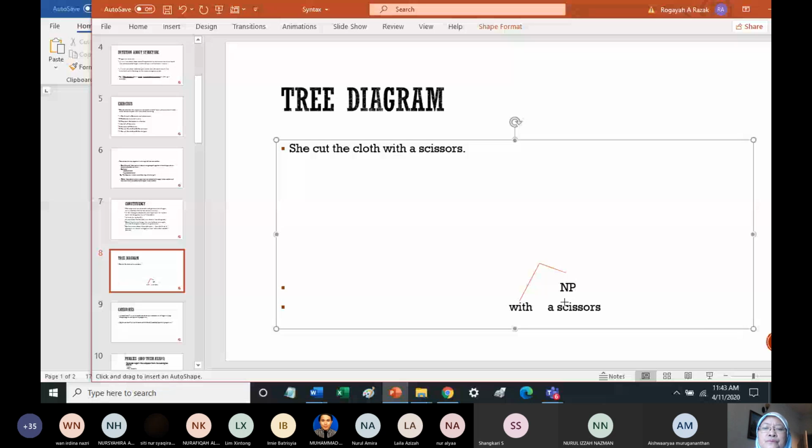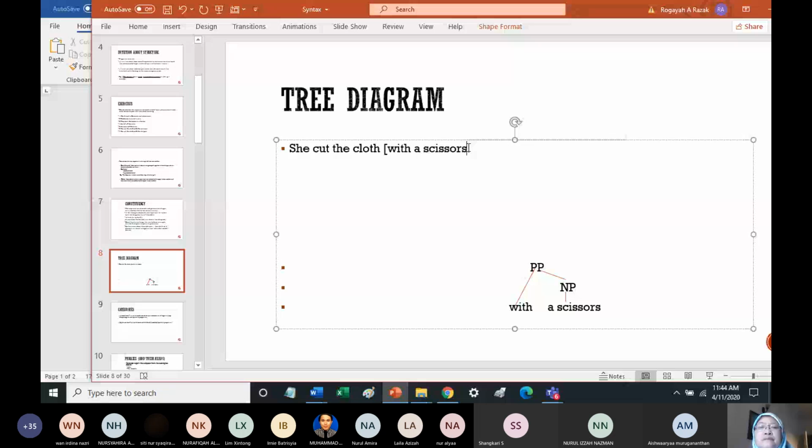This I will name as preposition phrase. Then I've done this with the scissors.